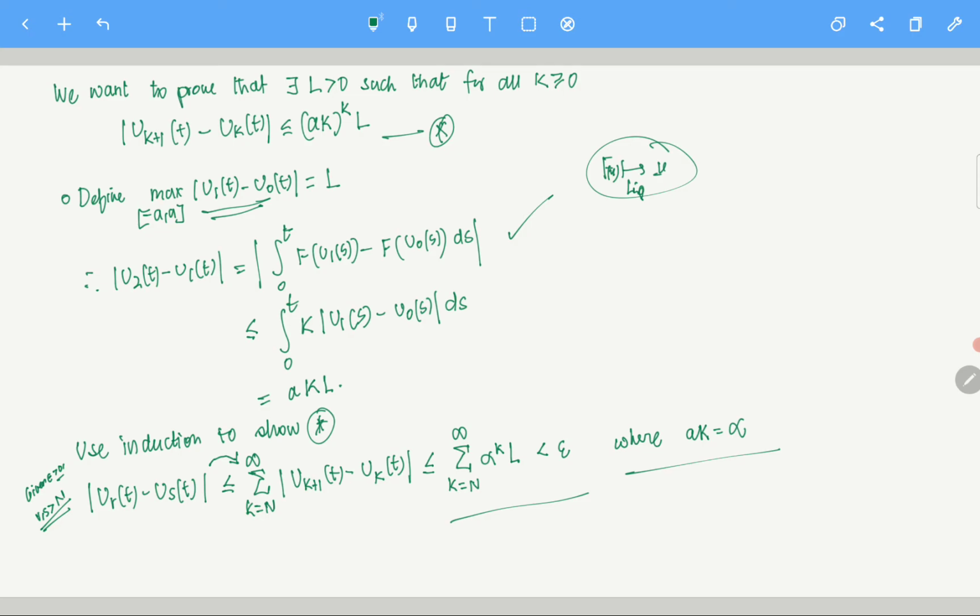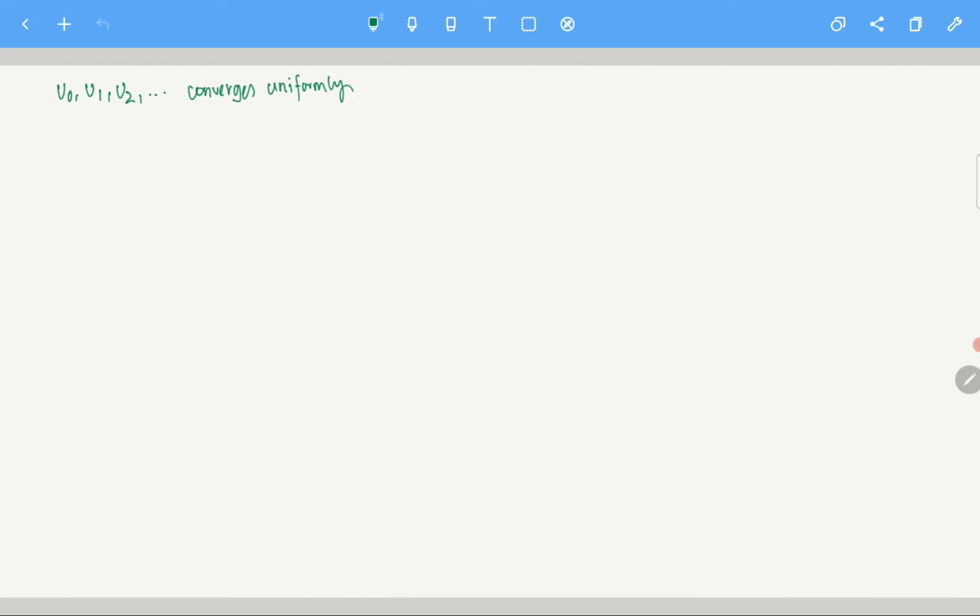But anyways, from star only, you can say that u0, u1, u2 converge uniformly to a continuous function x from I to R^n.